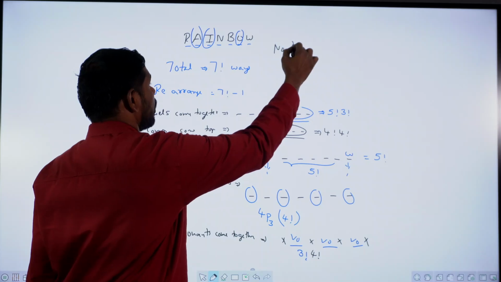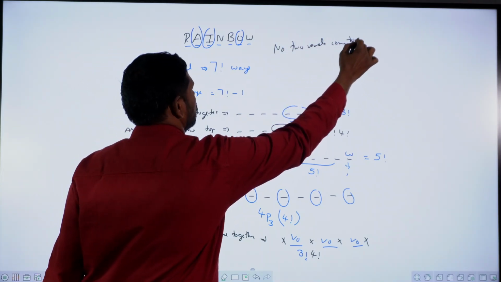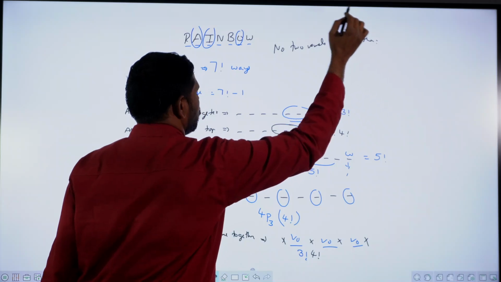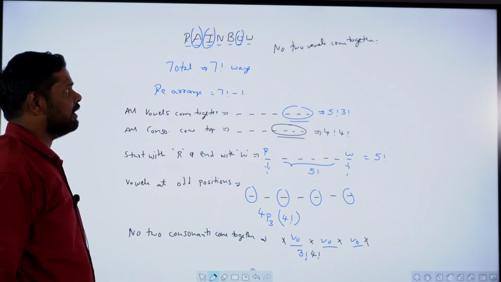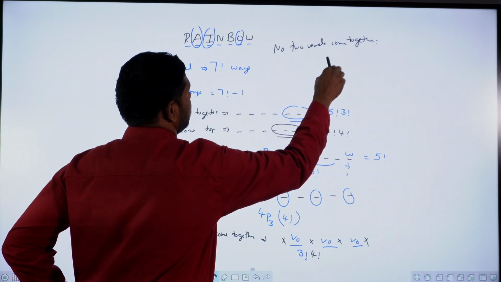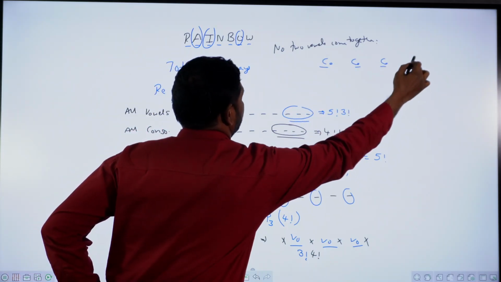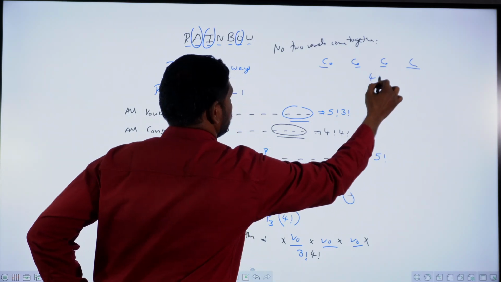Suppose no 2 vowels come together. First you need to fill the consonants: 1, 2, 3, 4 consonants can be arranged in 4 factorial.